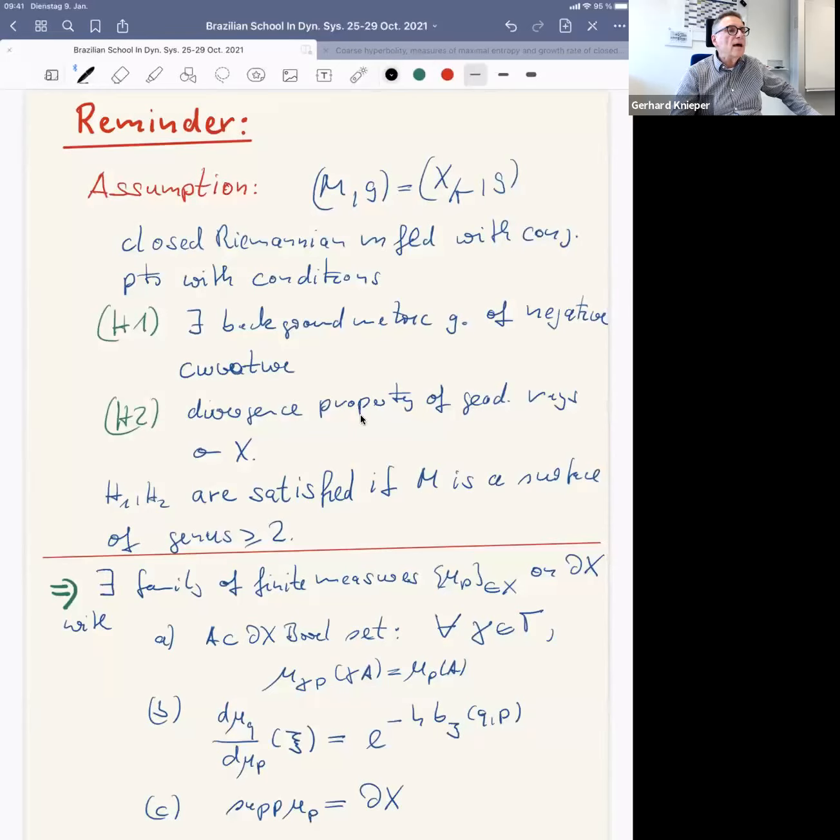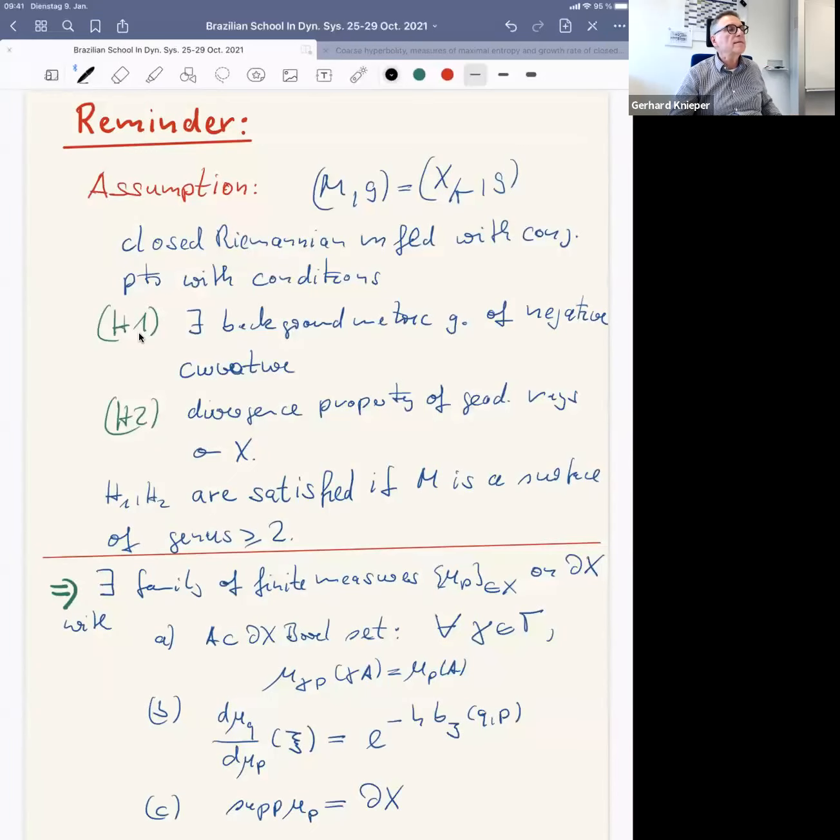For instance, if you have a closed surface of genus at least 2, both conditions are satisfied. By uniformization, you have this background metric of negative curvature, and the second property was already proved, I think, by Hopf. This is an old result. And this is my standing assumption on the manifold which we consider, and we are interested in the geodesic flow.